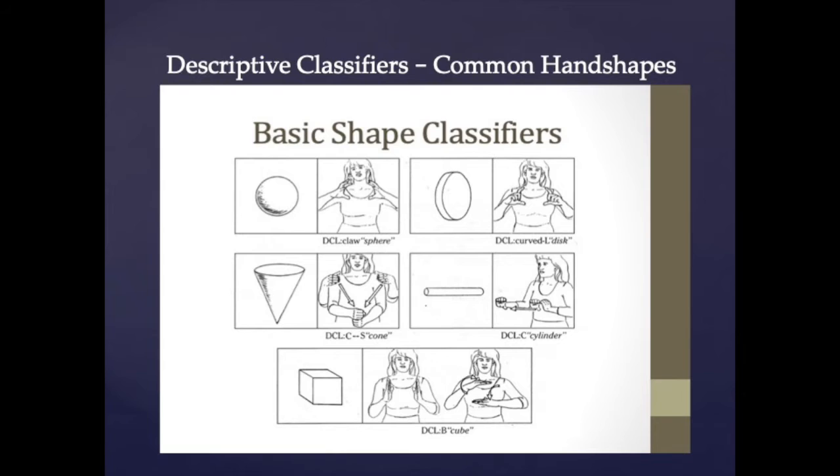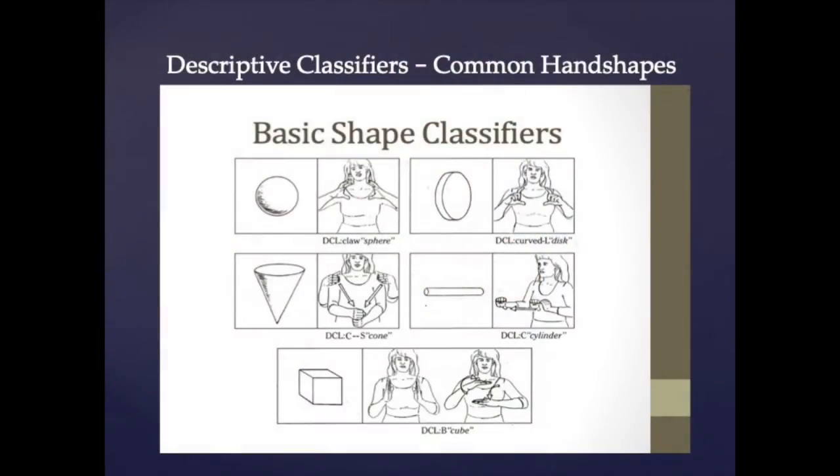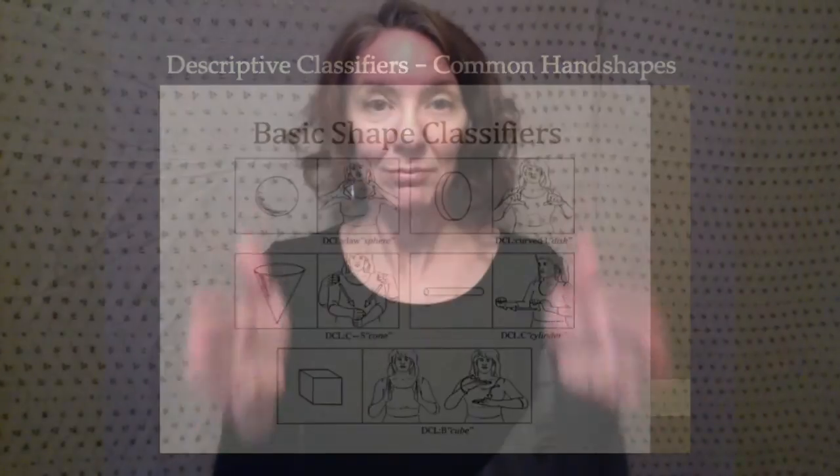Cylindrical things are described using either a C or an F hand shape. Depending on size, boxes or square-shaped objects are signed with B hands, except for small cubes, which are signed using a G hand shape.